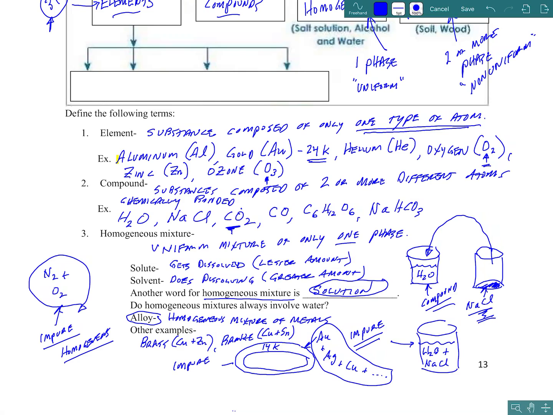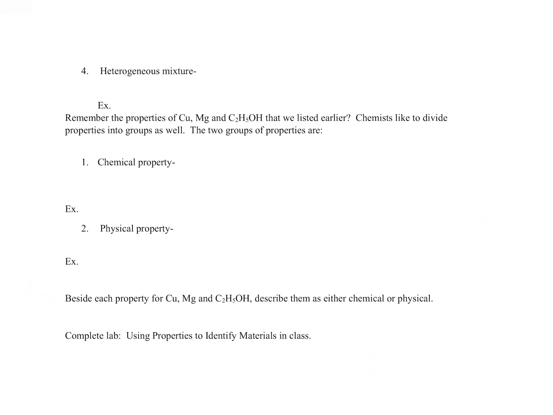It's uniform throughout. The substance present in the greater amount would be called the solvent, and the substance present in the lesser amount would be called the solute. Okay, homogeneous. It's uniform. One phase. We don't see layers. Okay? All right, let's go to the next page quickly, and we'll define heterogeneous.